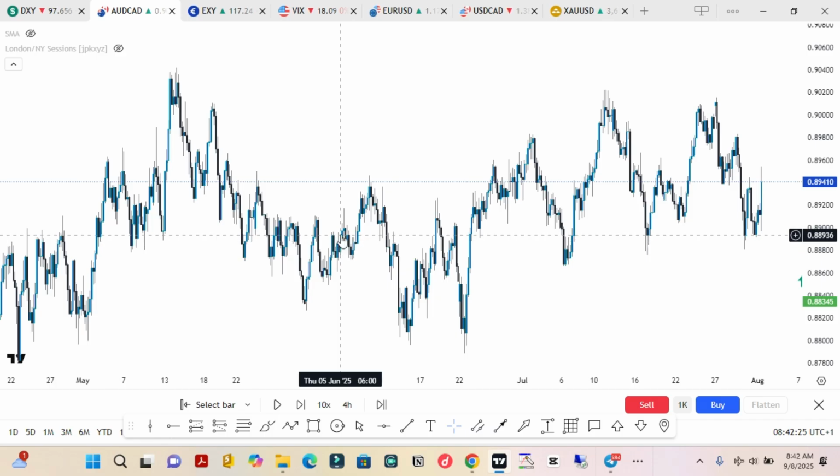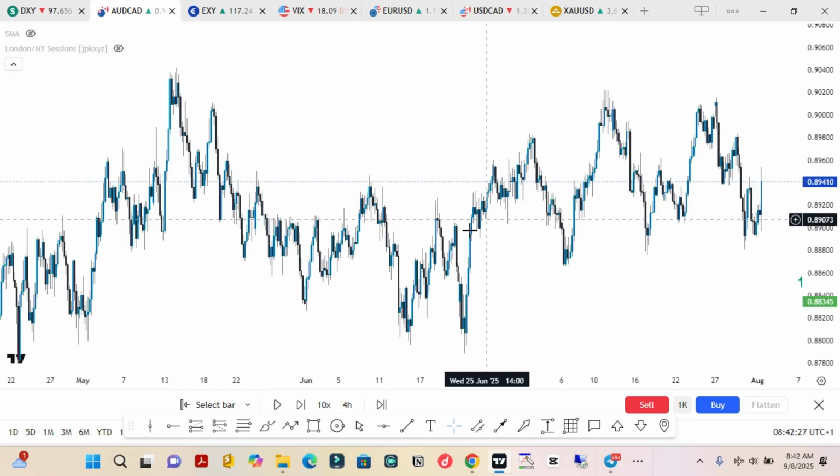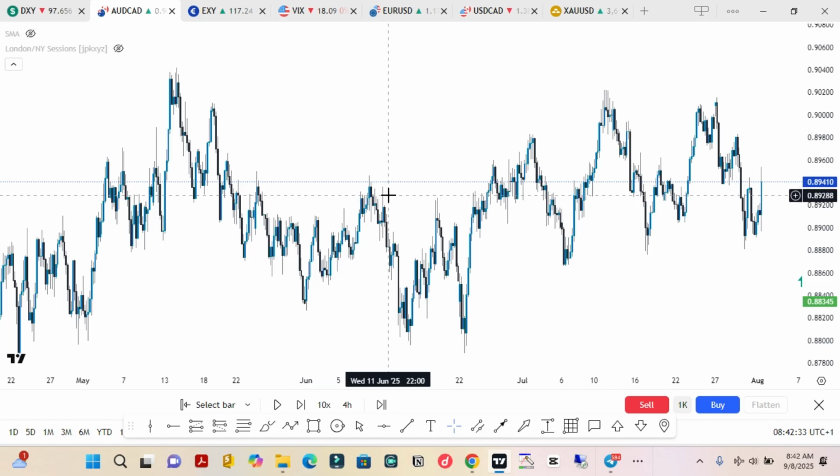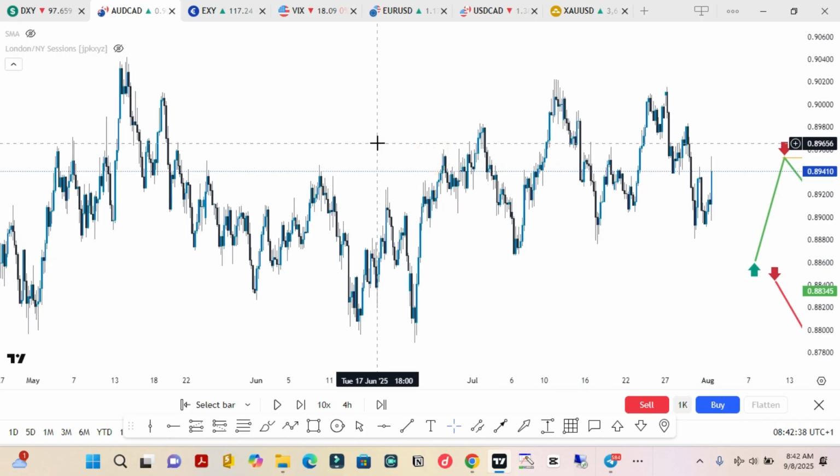Price might not be respecting the highs and the lows. If you are new to trading or you are still struggling with understanding structure, you are going to find it difficult to follow all these things, and even to apply all the concepts you have learned. That's why it's very important that you understand structure.